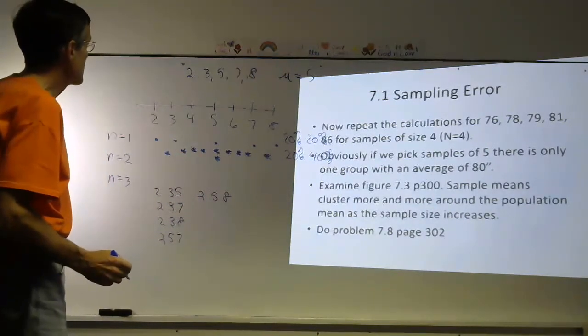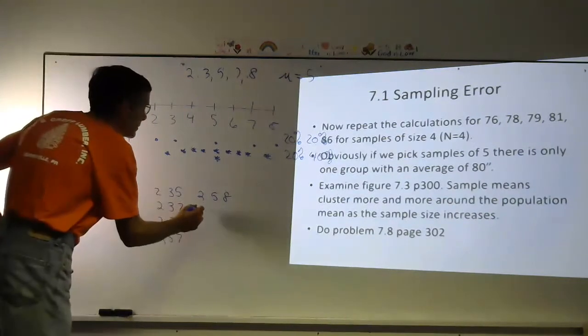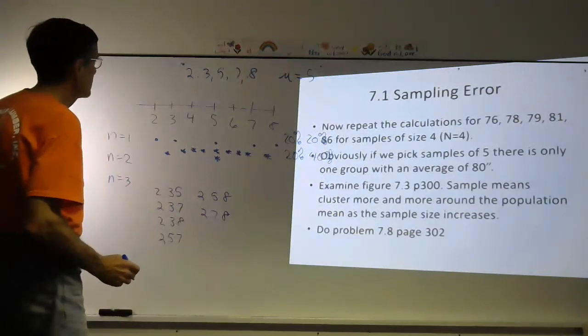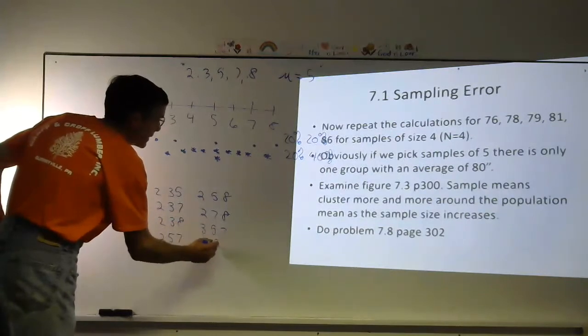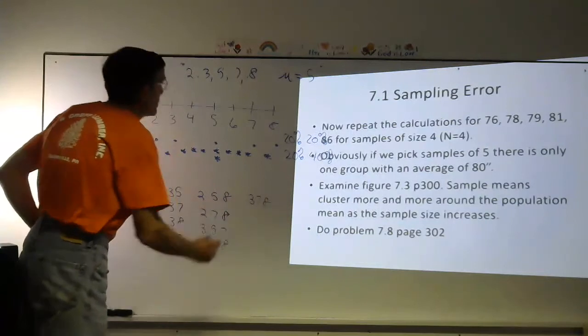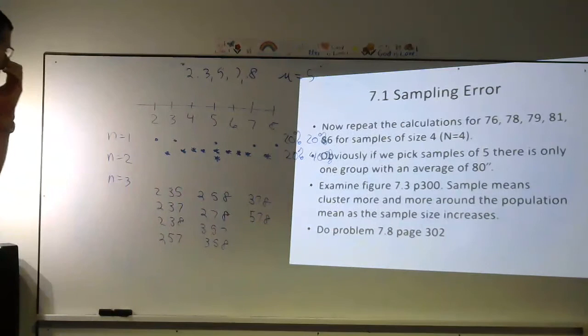I did all the 2, 5s. How about 2, 7, 8? How about with some 3s now? 3, 5, 7, 3, 5, 8. 3, 7, 8, and 5, 7, 8. I think that's all 10.